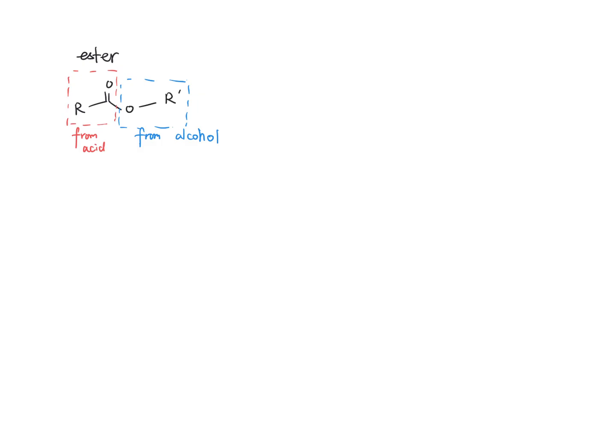Now we are going to learn how to name it. So we are going to use one example. For example, we are going to look at this molecule right here. For this molecule, the first step is to identify what acid it comes from. This acid will be something like this. This is called acetic acid. And then we are going to change it to its conjugate base.